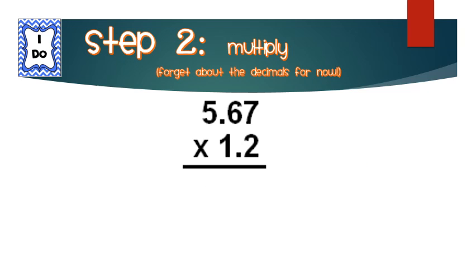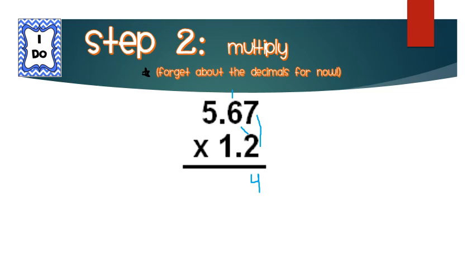Step number 2 tells us that we need to multiply and that we can forget about our decimals for now. So we're just going to multiply like normal, starting from the right. With our farthest right number on the bottom, we're going to take 2 times 7, and that gives me 14. So I'm going to leave my 4, carry my 1.